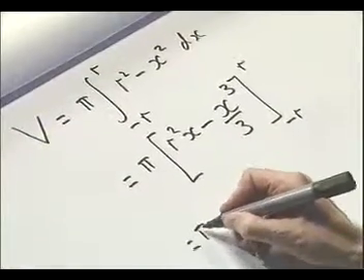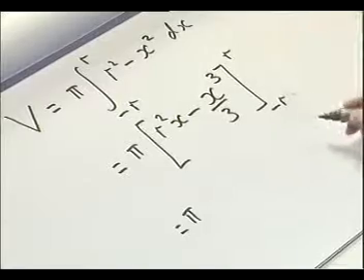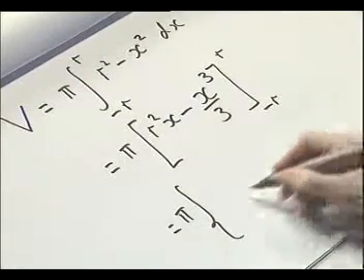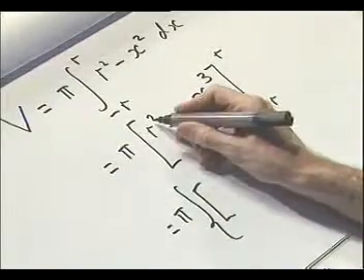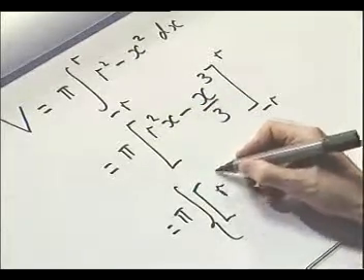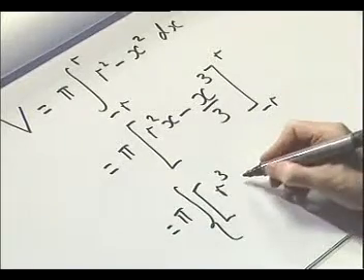Equals, so I'll put the pi outside, and now I need to substitute these limits in turn. So let me set up a big bracket, and we'll put in r. So I have r squared times x, and that gives me r cubed, because x is equal to r.